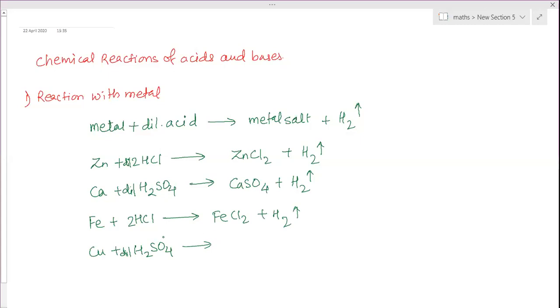Yes, Shreya? Copper sulfate. Another Shreya? Yes, Shreya, what happens? Can you repeat once more? What happens if the dilute sulfuric acid is added to copper?